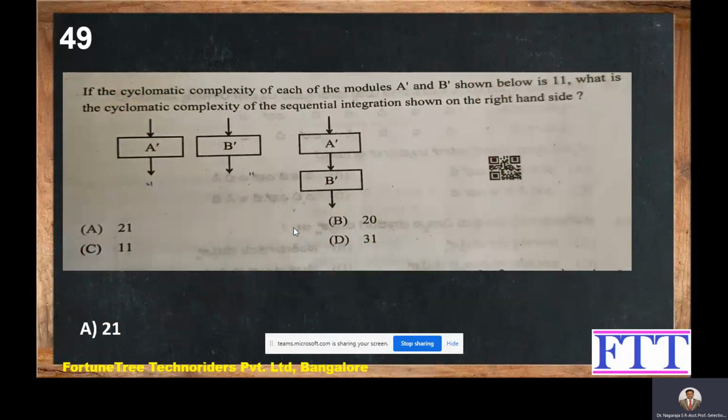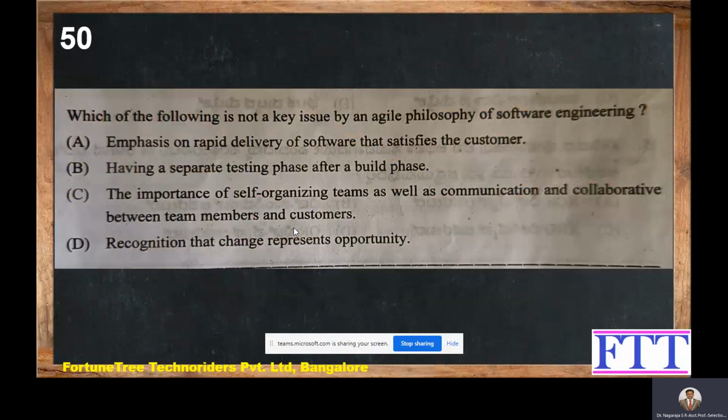So move to the 50th one. Which of the following is not a key issue of an agile philosophy of software engineering? Option A, emphasizes rapid delivery of software that satisfies the customer. Option B, having a separate testing phase after a build phase.